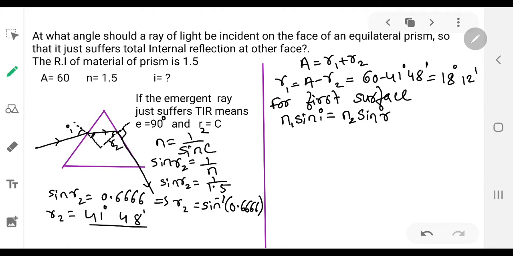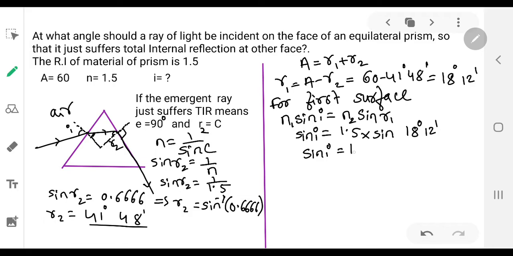Here n1 is the air medium for the first surface, and n2 is the glass medium. For air, n1 is taken as 1. So the equation becomes sin i is equal to n2, which is 1.5, into sin R1, that is 1.5 into sine of 18 degrees 12 minutes.